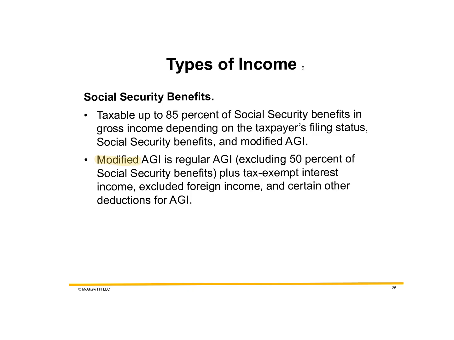So modified AGI is your regular AGI, excluding 50% of your Social Security benefits, plus any tax-exempt interest income, excluded foreign income, and certain other deductions for AGI.